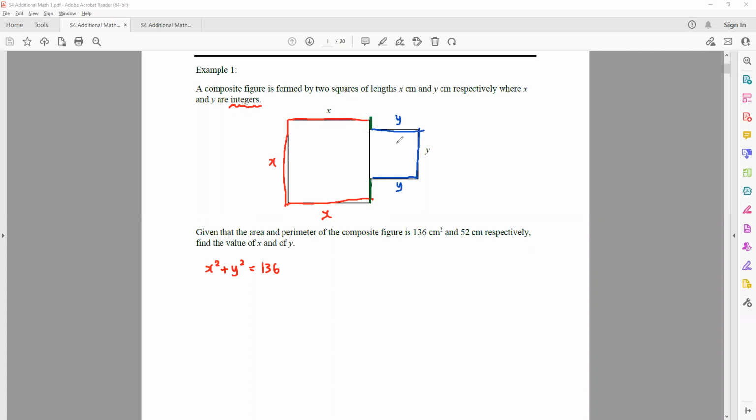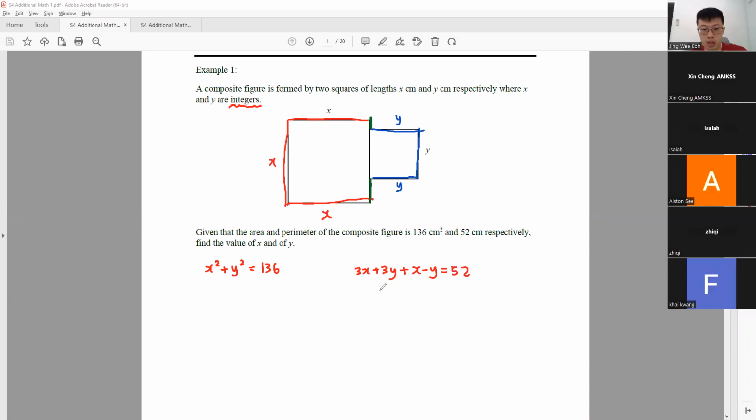So what is actually these two parts? These two parts is actually your x minus away your y, you get the green part. Okay, so this is where we can form the next equation, 3x plus 3y plus x minus y is equals to 52.